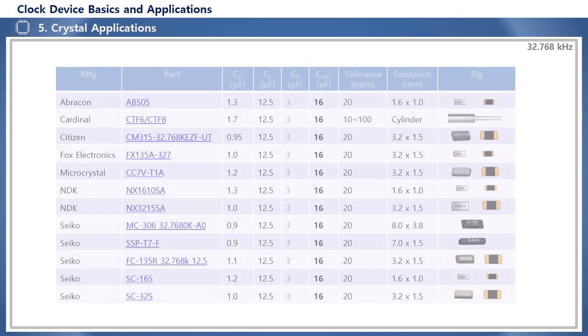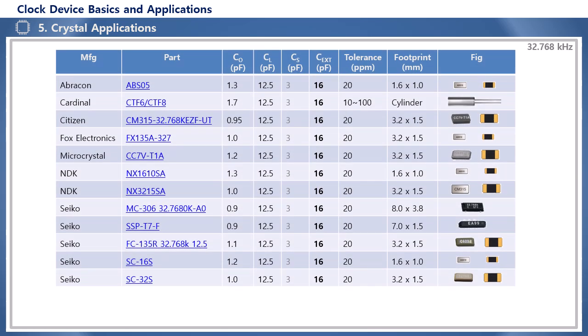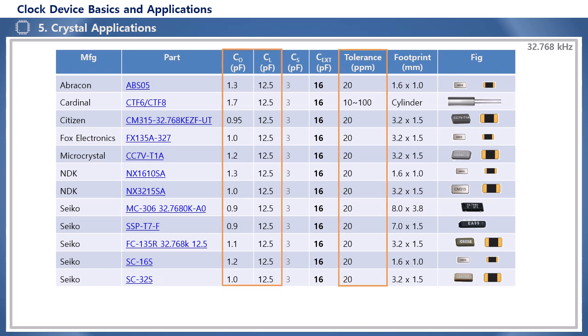This time, we will look at the parameters of major manufacturers' products of 32.768 kHz crystals for real-time clock, or RTC, purposes. Crystals for RTC are used in applications that utilize real-time information by maintaining it with a backup battery even when the MCU is powered off.